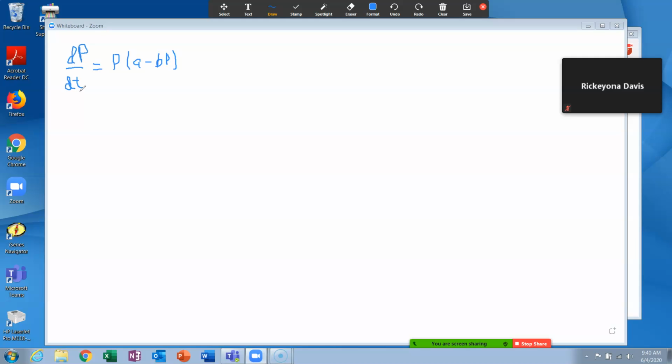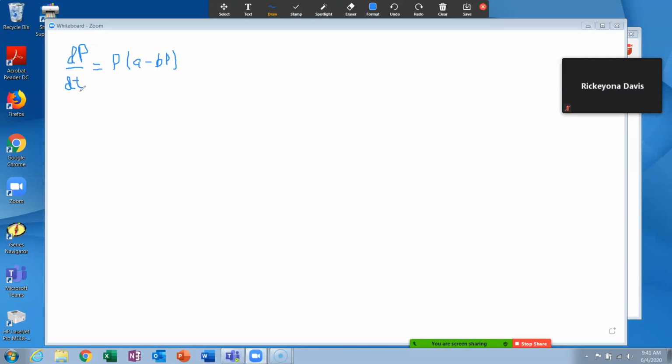Now, they were very kind to you here that they wrote this equation as if they've already basically factored it for you. They could have written this equation as ap minus bp squared. That would have been a good way to write it, but they were very nice to you and wrote it in a factored form here.